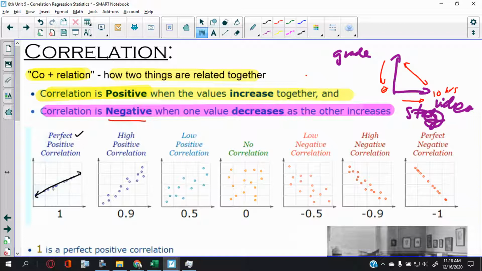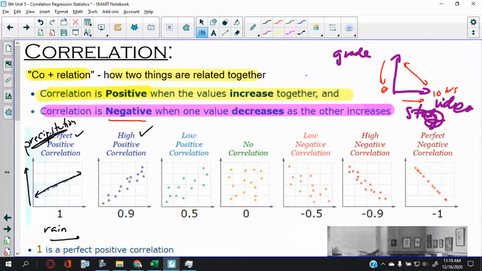An example I can give you is something like rain versus precipitation level. Those two things are practically one and the same. Meaning the more rain there is, the higher the precipitation. So it's going to have a perfect positive correlation, which means it forms a straight line.